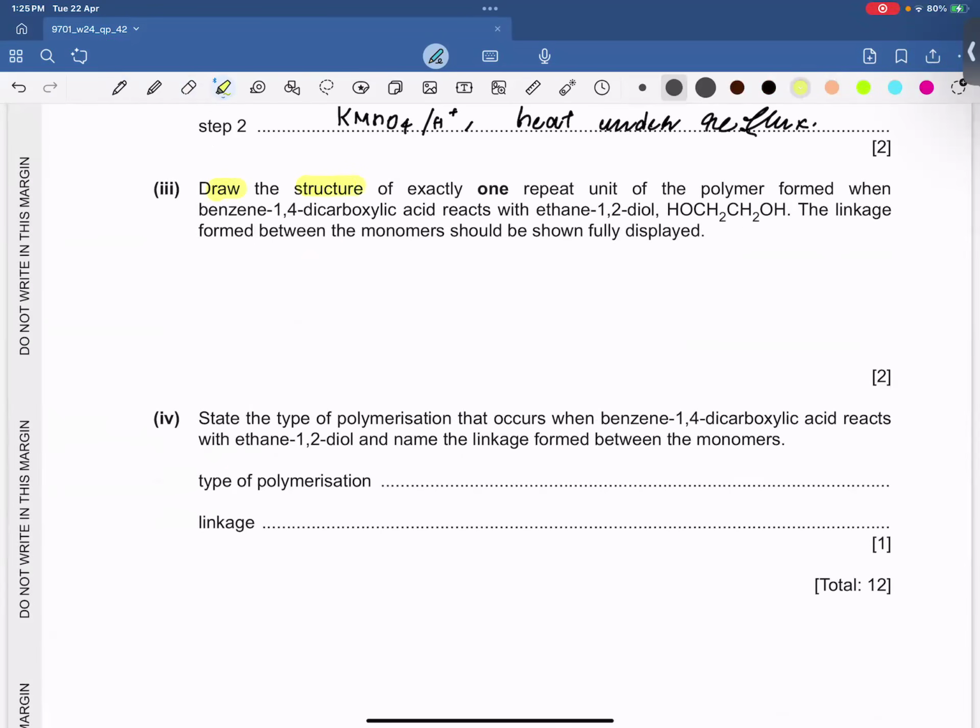Draw the structure of exactly one repeating unit of the polymer formed when 1,4-benzene dicarboxylic acid reacts with ethane-1,2-diol. The linkage formed between the monomers should be drawn fully displayed. Let me show you one thing.